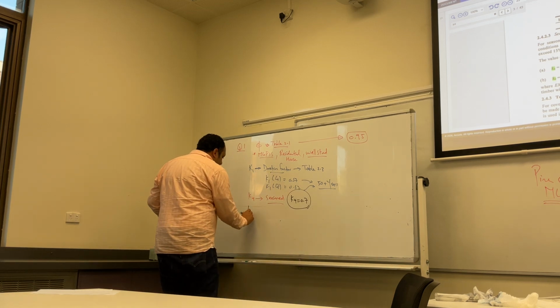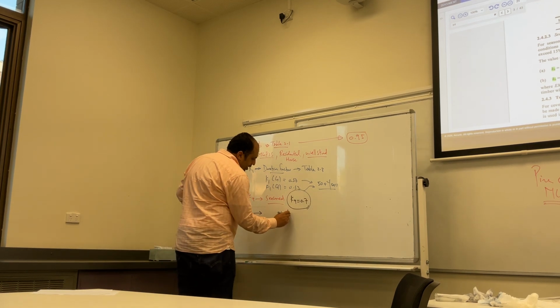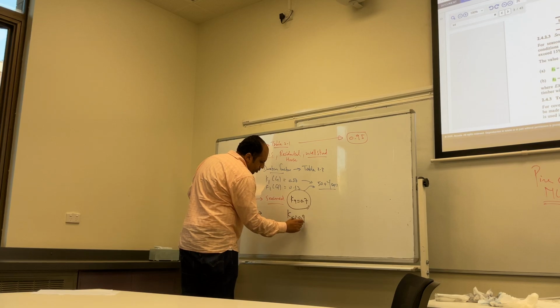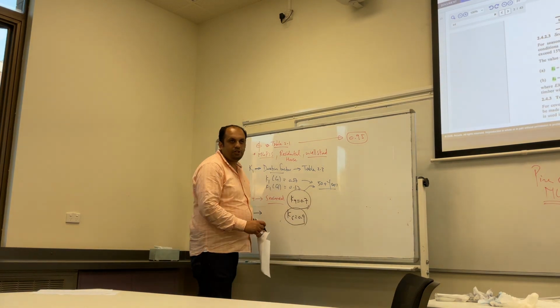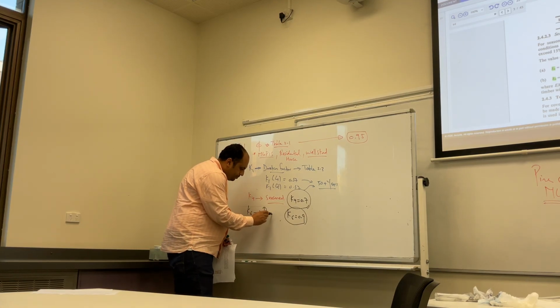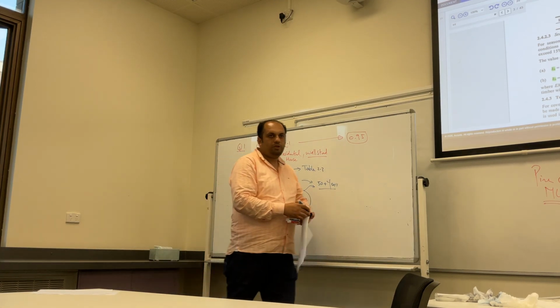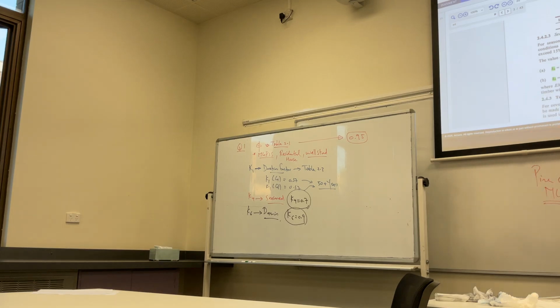K6, directly how much K6? 0.9. Why 0.9? Because it is in the hatched area in Darwin. So K6 is the temperature factor.